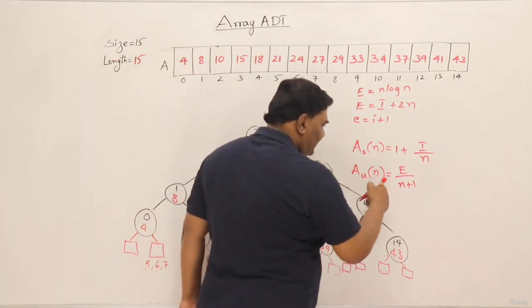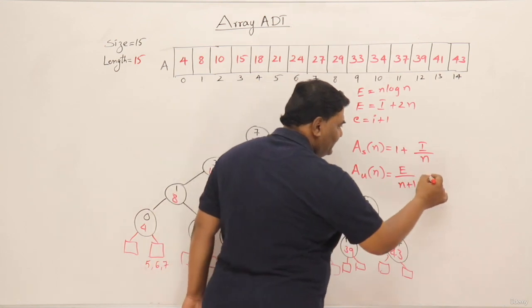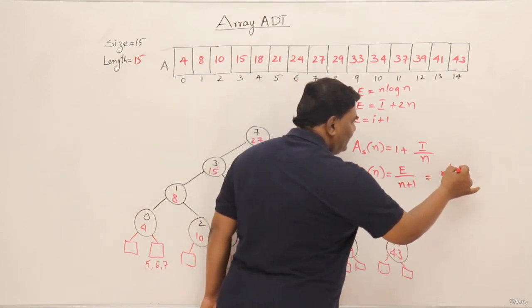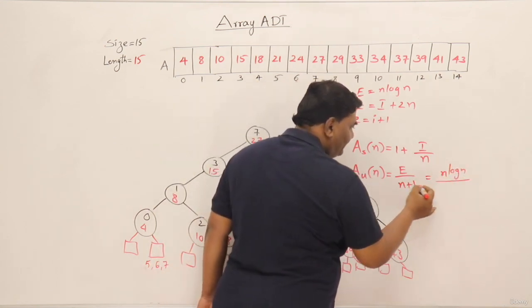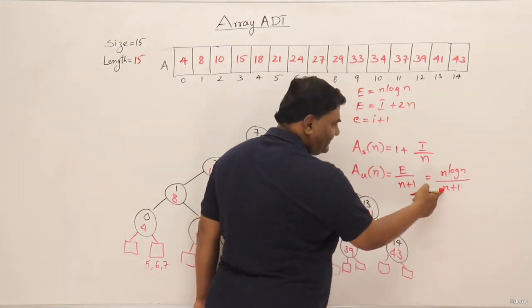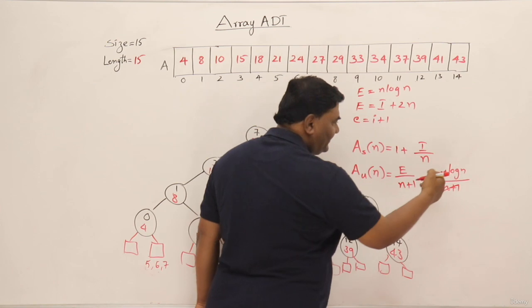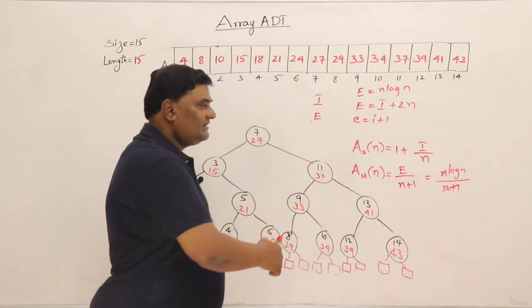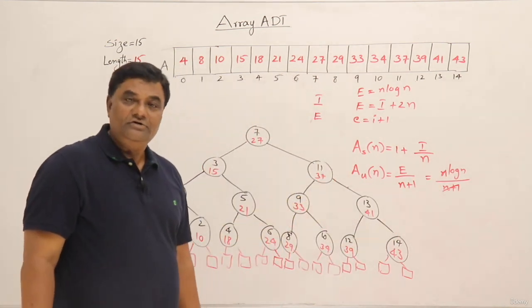So how much is the time taken in unsuccessful search? This can be taken as n log n divided by n plus 1. We can take it as approximately n plus 1 and cancel this. So that is log n. So average unsuccessful search time is also log n.